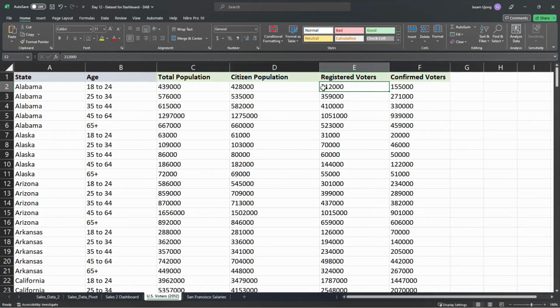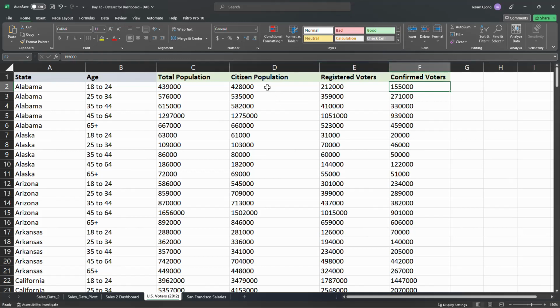Now, of the 212,000 that registered to vote, 155,000 were confirmed voters, they voted. So 212,000 got their PVC, 155,000 voted.